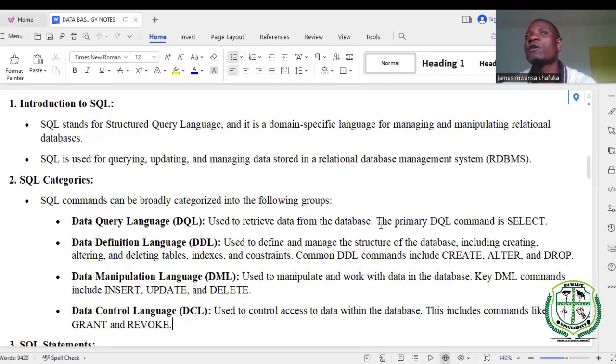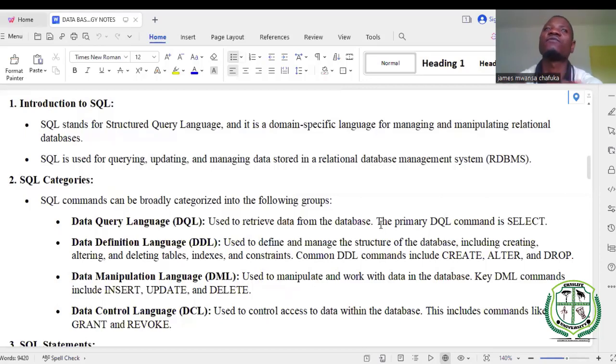We have data query language, data definition language, data manipulation language, and data control language. Data query language is used to retrieve data from the database. So in order to retrieve the data from the database, you need to engage data query language.